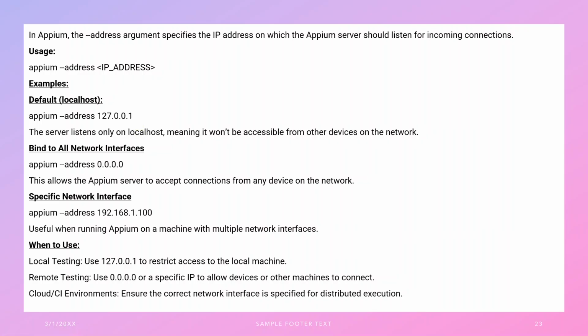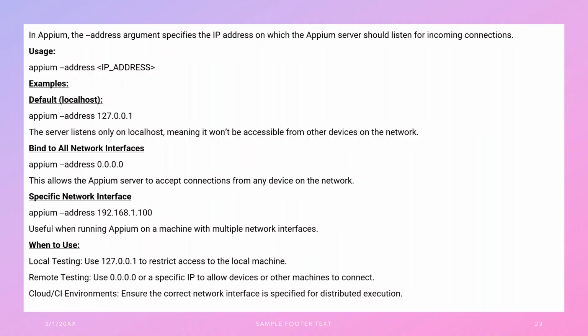Automatically when you start the Appium server in command prompt, it works with localhost. To work on remote testing, we can use all network interfaces, that is 0.0.0.0, or specify the IP address to allow devices or other machines to connect here. So this is how we can work with the Appium address argument.